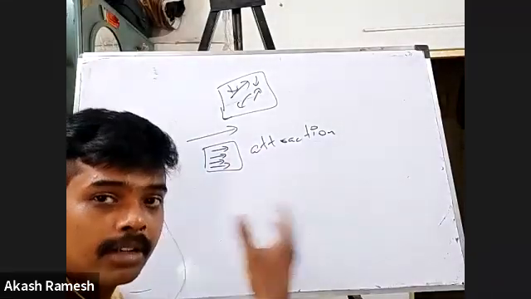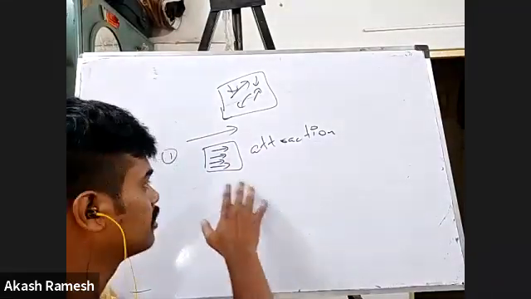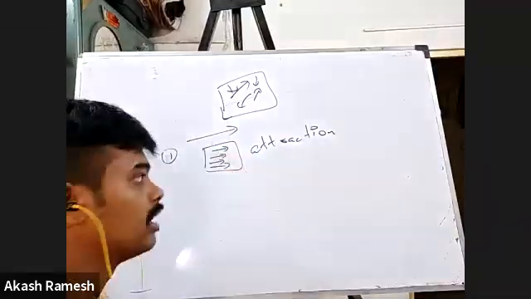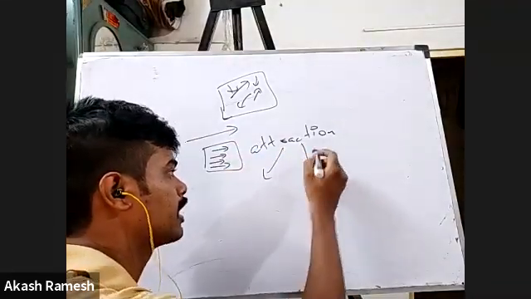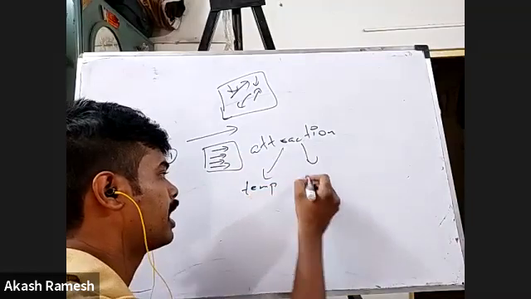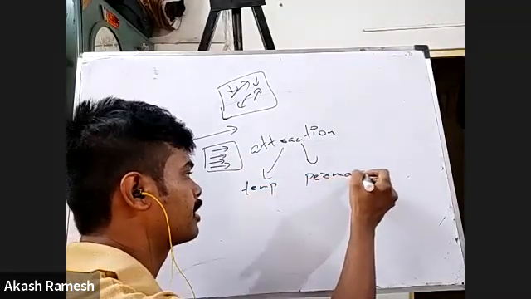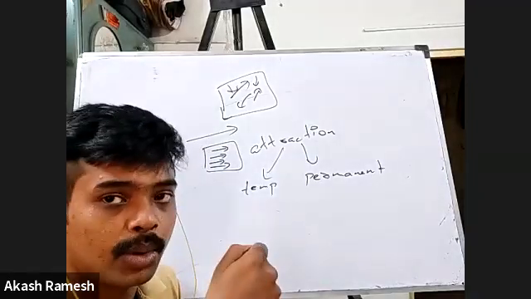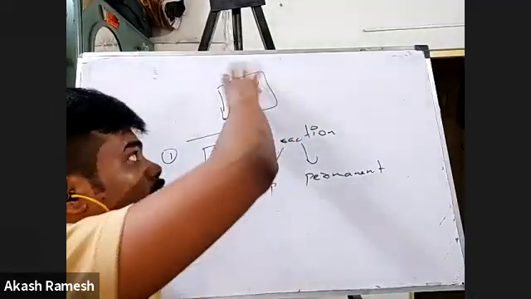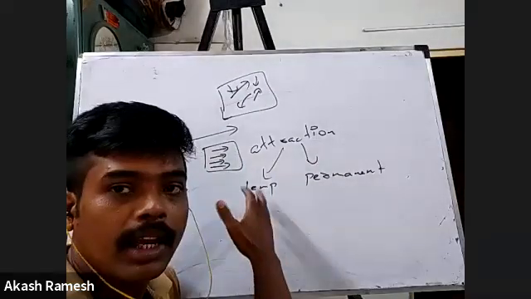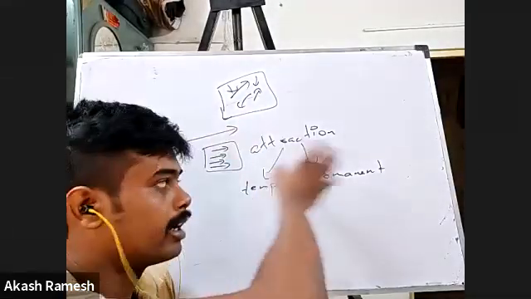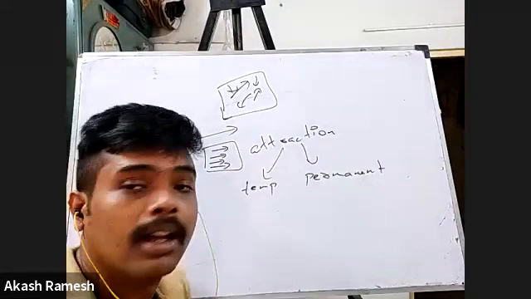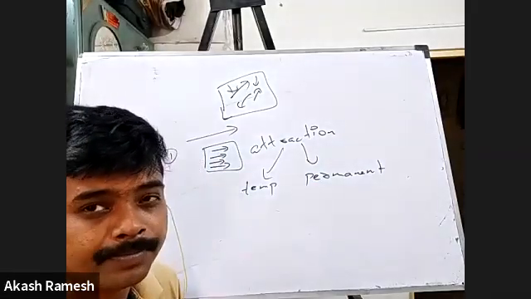So this can be a temporary effect or a permanent effect. If they go back to the random arrangement after removing the magnetic field, it is temporary. And if they stay like this even after removing the magnetic field, it is a permanent effect.